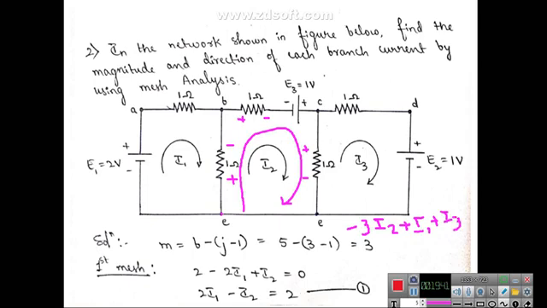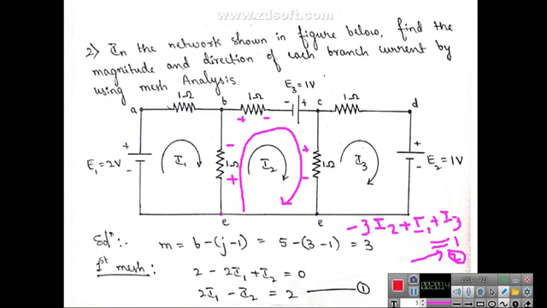That is equal to the rise in potential of this source, negative to positive, so that is equal to 1. This is mesh equation number 2. You can rearrange it: I1 minus 3I2 plus I3 is equal to 1.